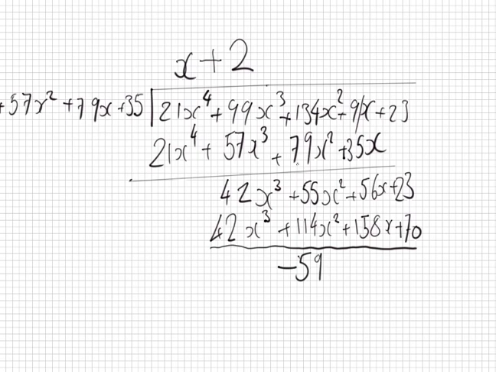Then 56 minus 158 is minus 102. And then 23 minus 70 is minus 47.